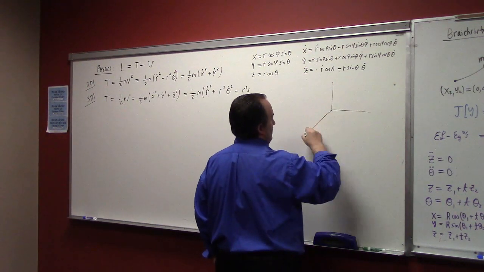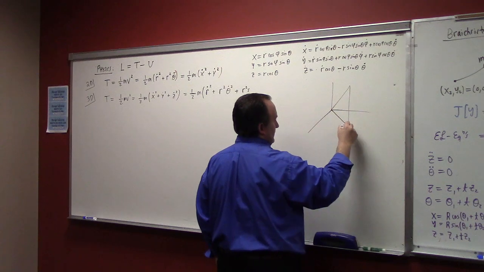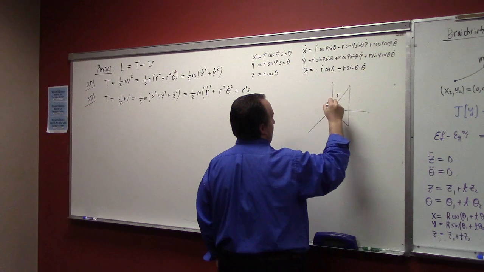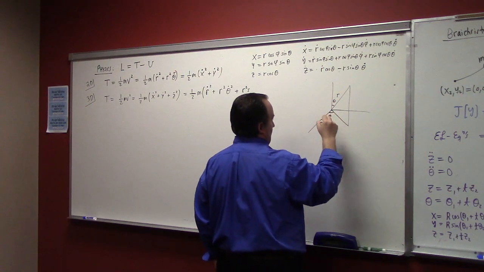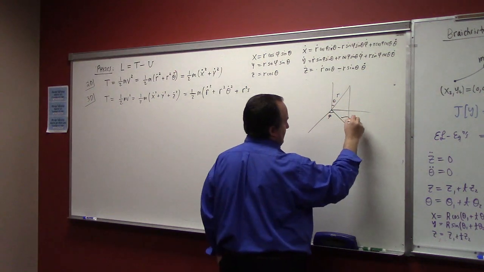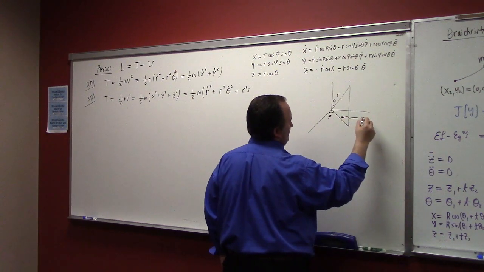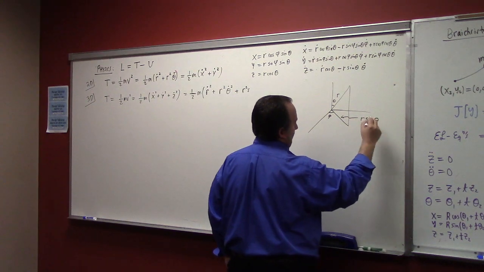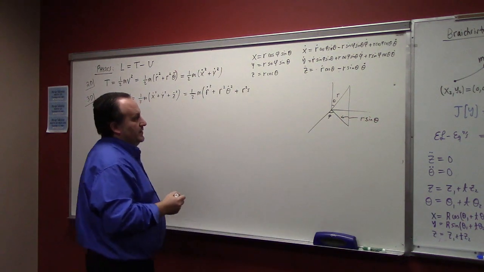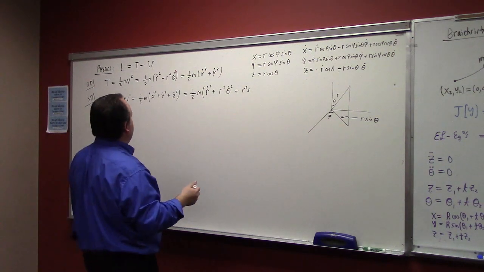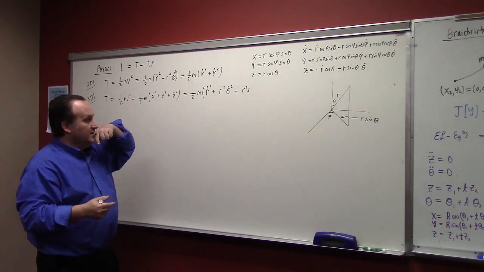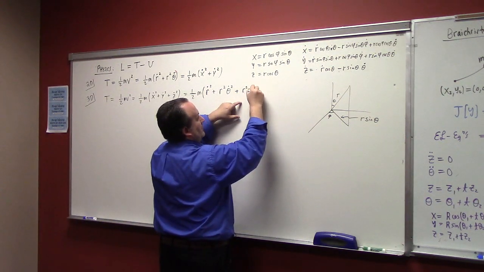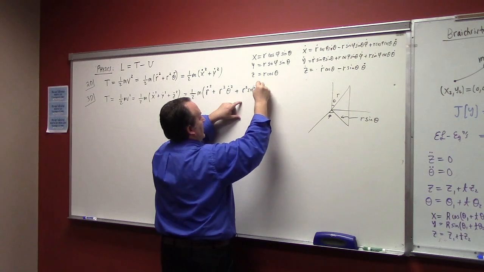In this setup, theta's off here, phi's down here actually. So this right here is actually our sine theta. So essentially that's playing the role that r did in 2 dimensions. And so that's why you get an r squared sine squared theta phi dot squared here, if I remember right.